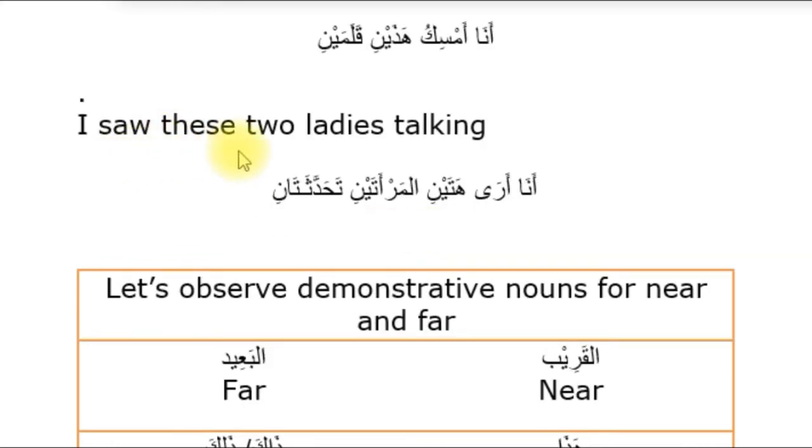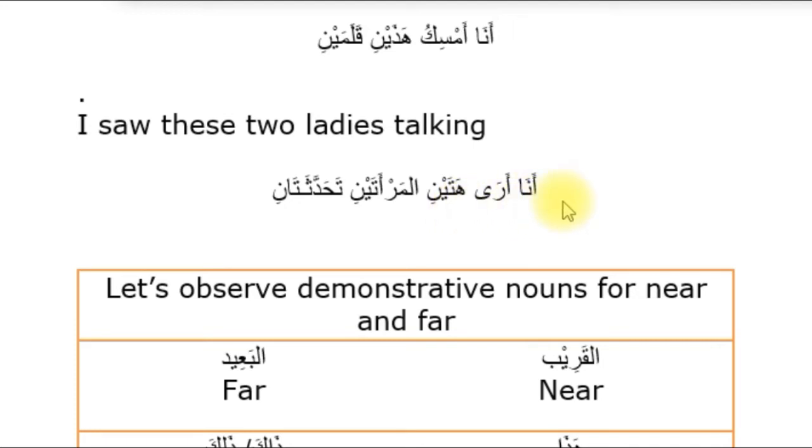I saw these two ladies talking. Two ladies, المرأتين. I need to use the demonstrative noun هاتين because this is in the accusative case.